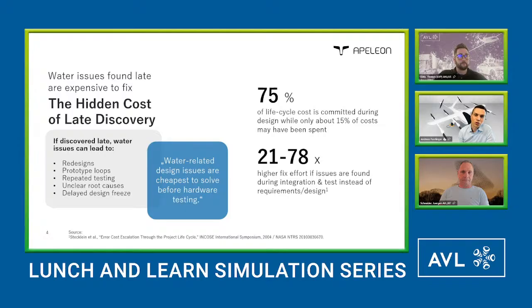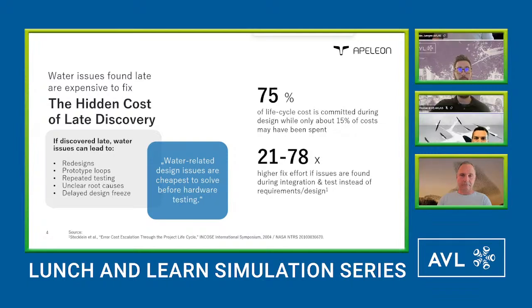And here I would like to quote a study of NASA, which says that errors found during integration and test can require up to 78 times the effort compared to if we would have identified the issue during requirements or design phase. And that's, I think, the most important argument to do it early on and to understand the physics behind.